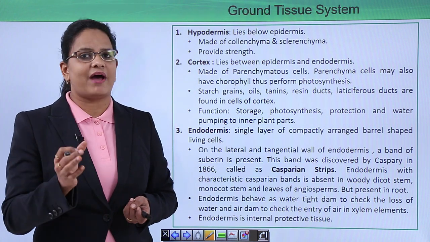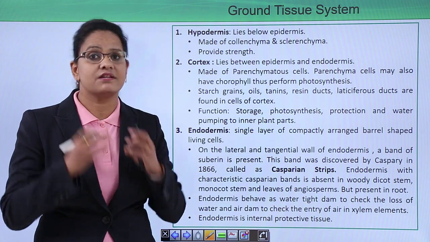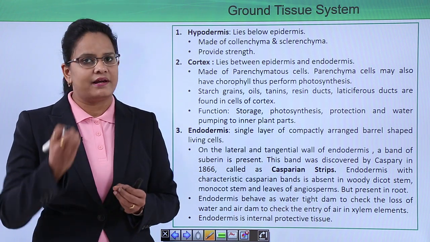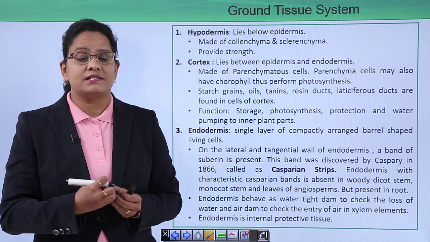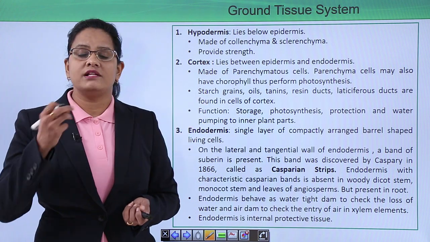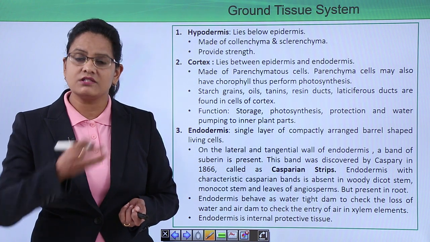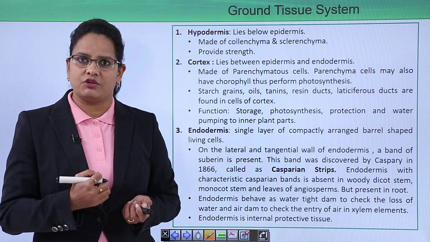It is made up of parenchymatous cells, so all the features as well as the functions of parenchymatous cells will be performed by the cortex, right? Photosynthesis will be performed since the parenchymatous cells have chlorophyll in them. Also, starch grains, oils, tannins, resins, and the latex-filled laticiferous ducts are all present in the cortex. So, what are the functions of the cortex?